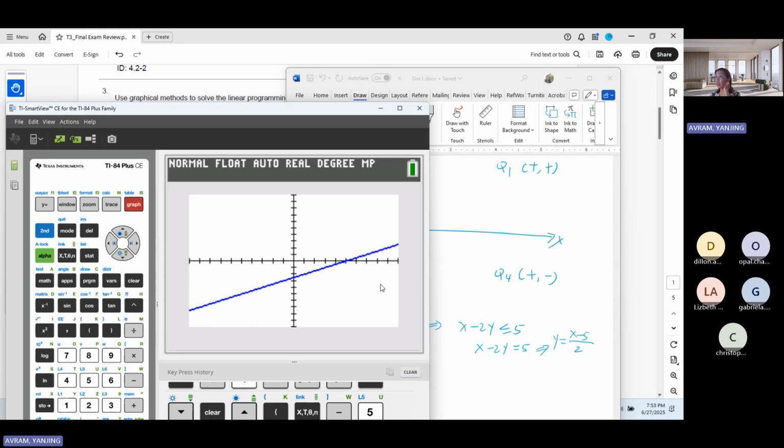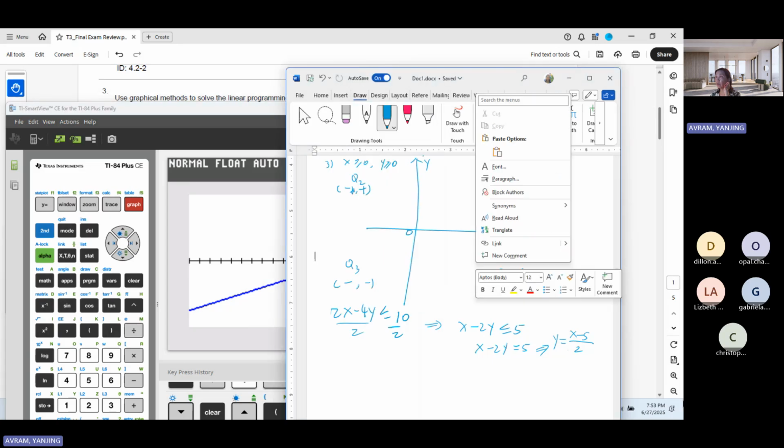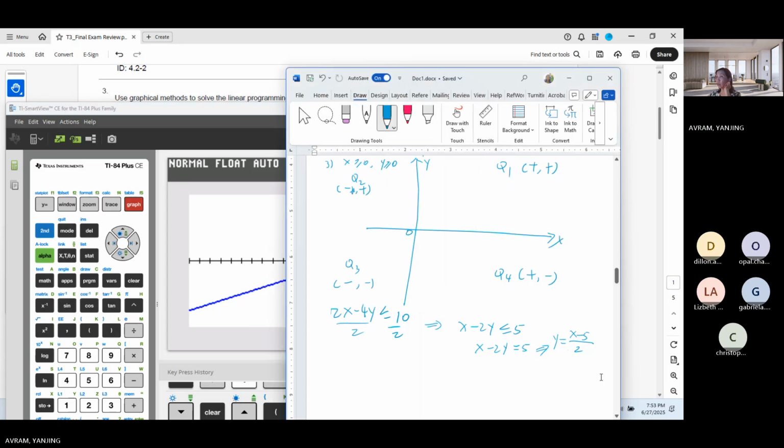So you can see this is how the graph looks. When x is 5, y is 0, so we count 1, 2, 3, 4, 5. And when x is 0, y is negative 2.5, right here.